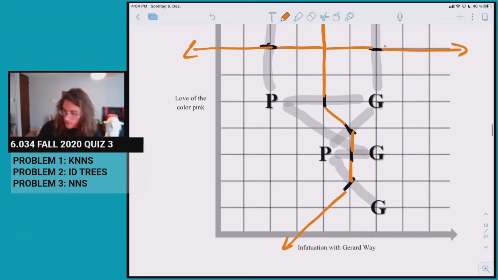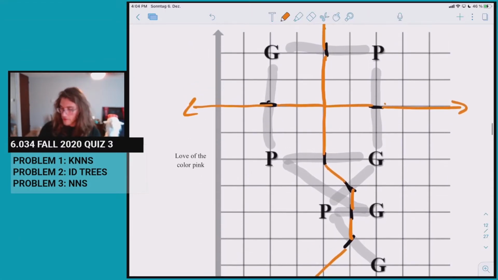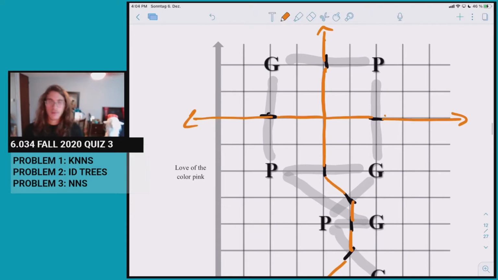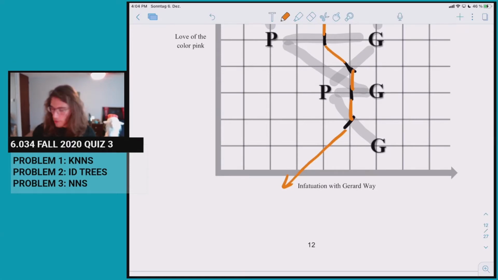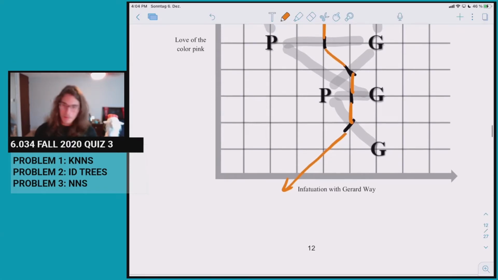And that is the extent of this KNNs with k equals 1 problem. So this is actually not just the extent of the k equals 1 problem, it's the extent of the KNNs problem. So in the following part, you'll see I'll be talking about ID trees.